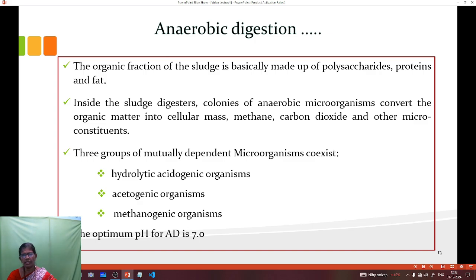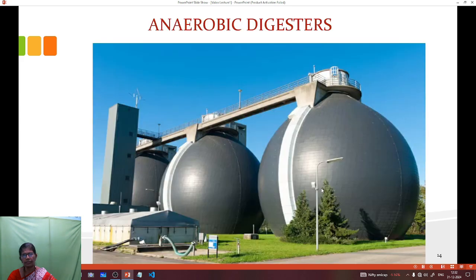In the sludge digester, colonies of anaerobic microorganisms convert this organic matter into cellular mass, methane, carbon dioxide and some micro-constituents. The microorganisms inside are hydrolytic, acidogenic, acetogenic and methanogenic organisms. The optimum pH should be around 7.